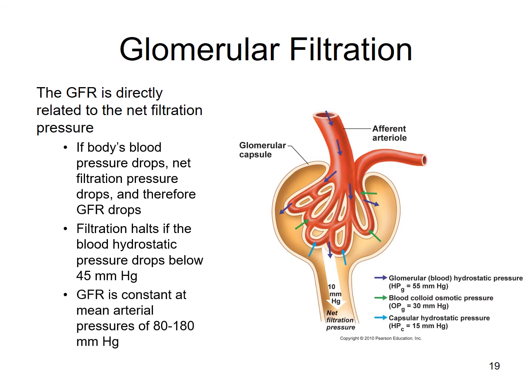Now, GFR is constant at mean arterial pressures of between 80 to 180 millibars. So what that means is that it takes an unusually high or an unusually low blood pressure to alter your glomerular hydrostatic pressure.